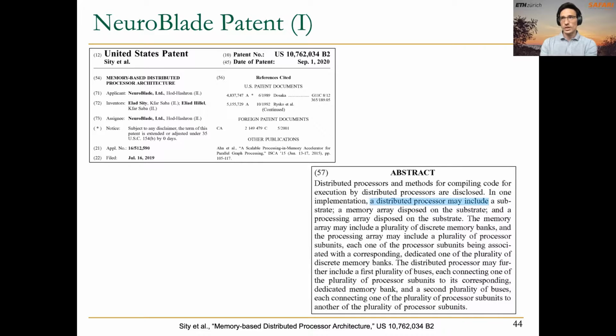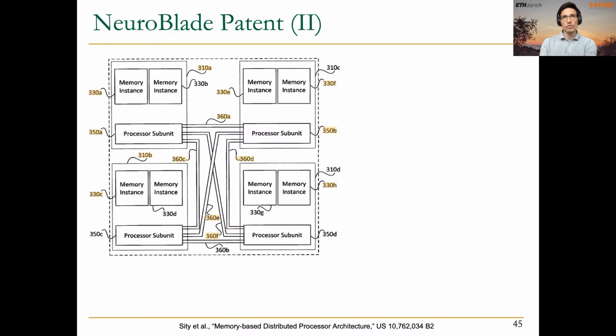It's a kind of distributed processor composed of memory arrays and processing arrays. In the processing arrays, we find processor subunits that are associated with memory banks. And these processor subunits can also be connected to other processor subunits in different ways, with different network configurations.